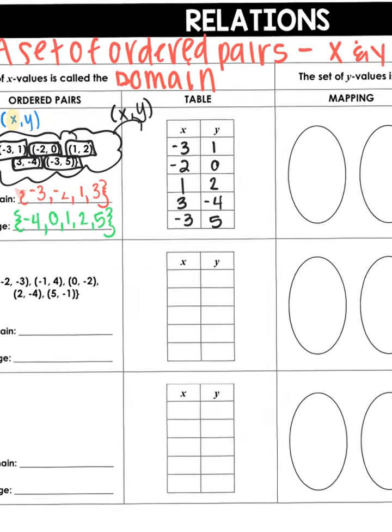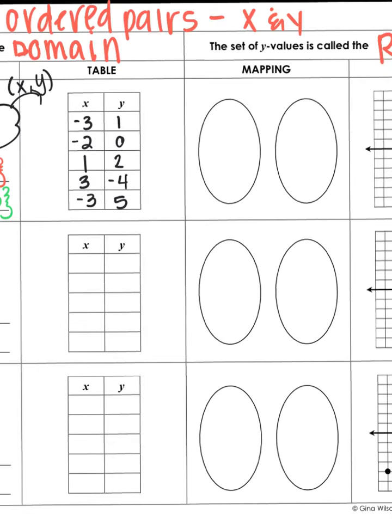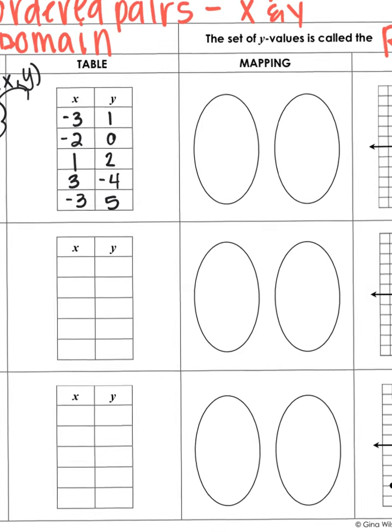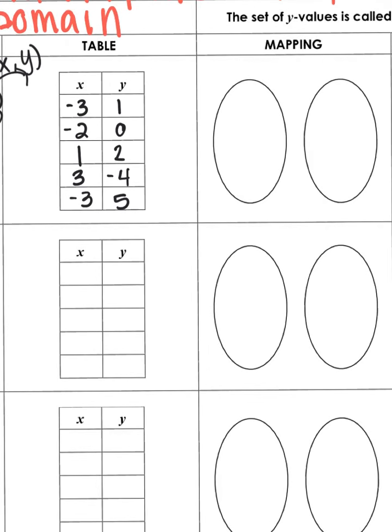The third way to view this domain and range is by mapping. And when mapping, we have two ovals. The oval on the left will be for our x values, and the oval on the right would be our y values. So we're only going to write the x's first.